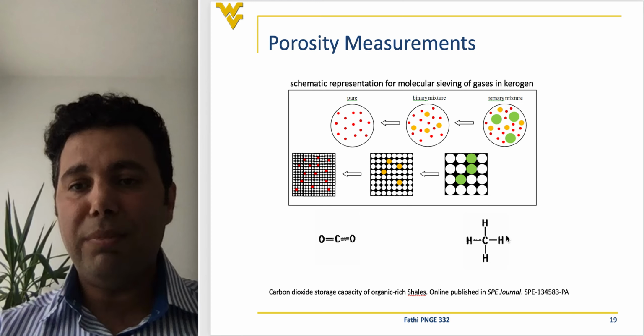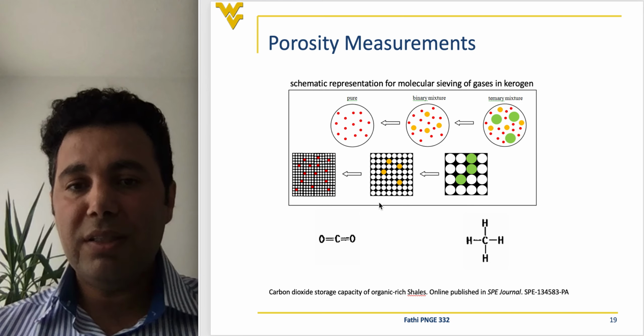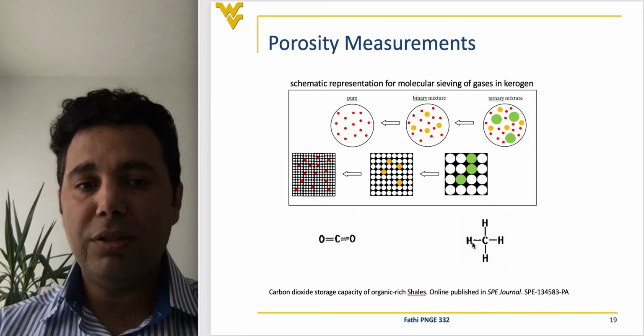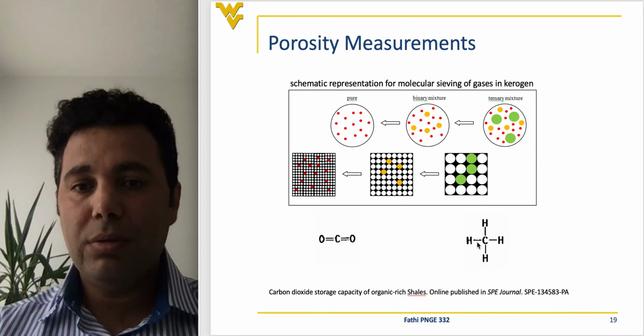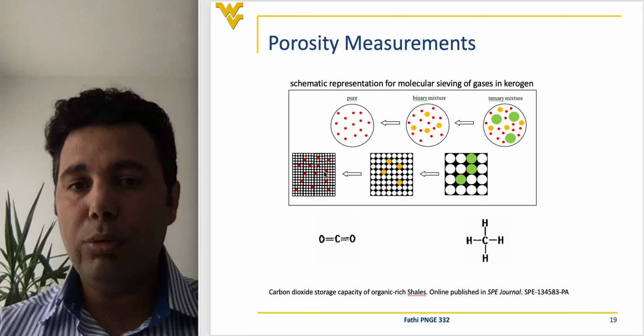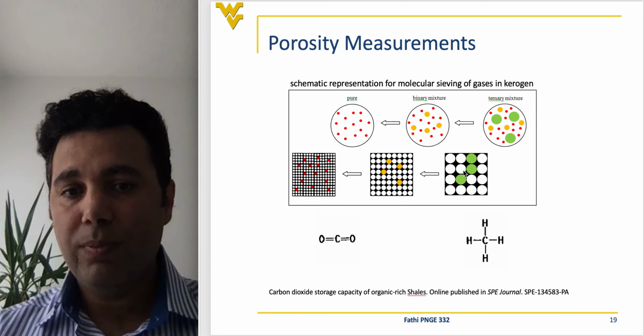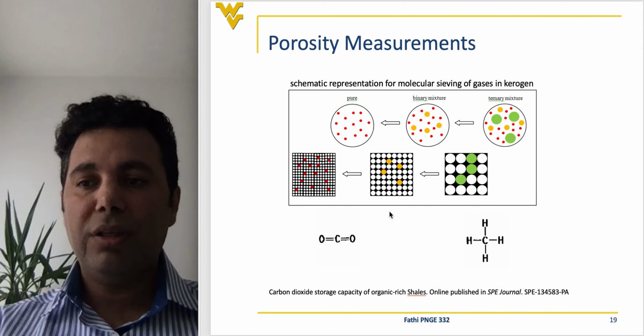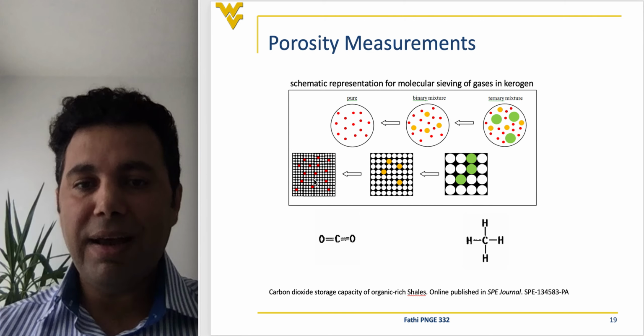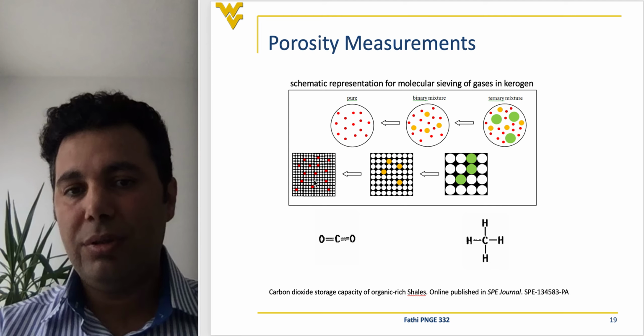However, since you have methane in your reservoir, and if the small pores are in the order of nanometers, then these methane molecules might not be able to access all those pores. They might only be able to access these pores, or even just these pores. So the structure is different, and if you don't have access, then you cannot measure those pores.